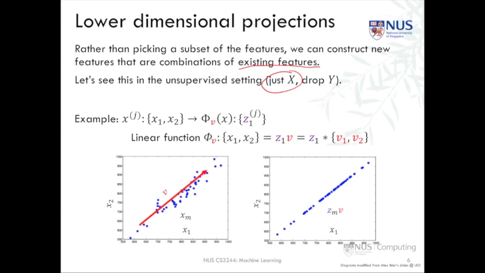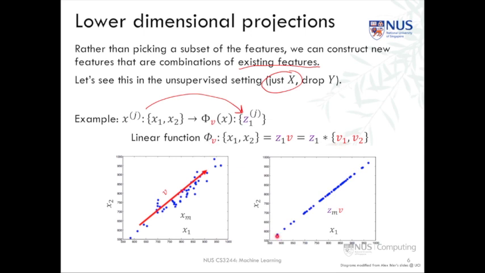That means when we have an input point xj in the higher two-dimensional space, we're going to pass it through the transformation to get a single number z. We're going to take the z coefficient times the v vector to get out a new representation of the point in the x1, x2 space.